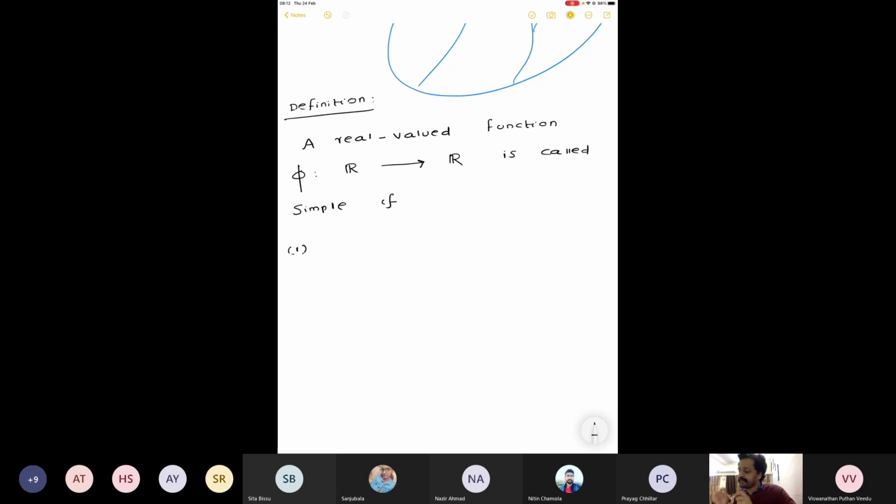So whenever I talk about a simple function, I will be talking only about a measurable function. So one, it is measurable.